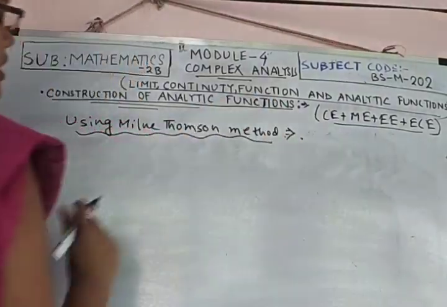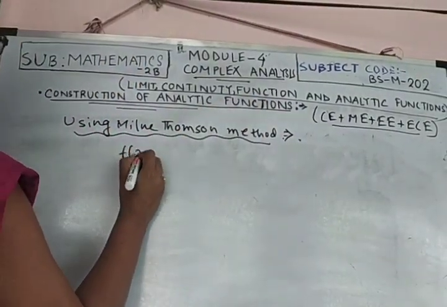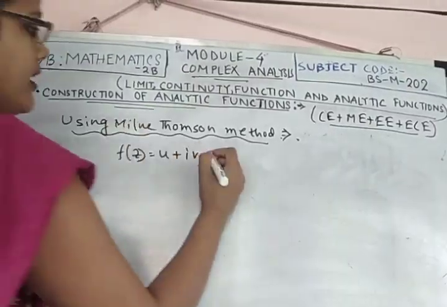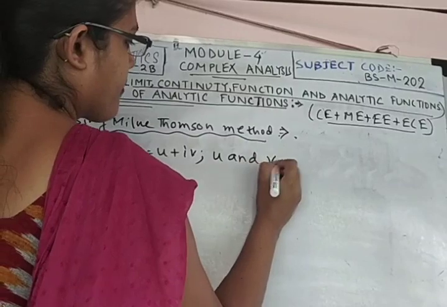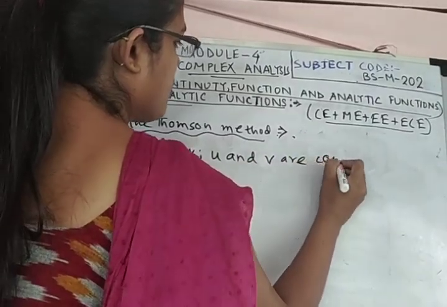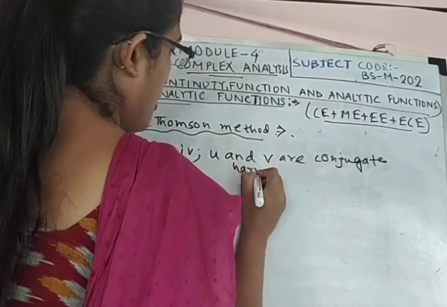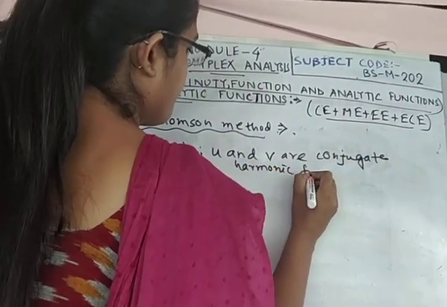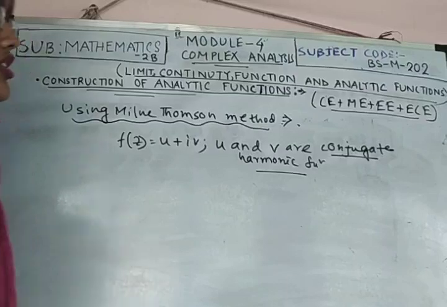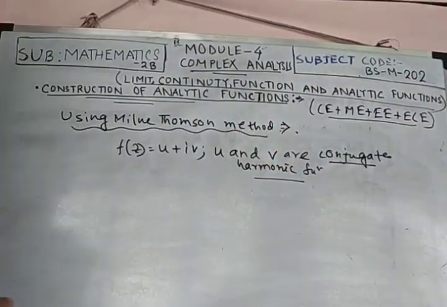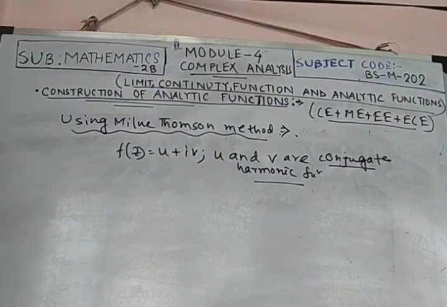Now we take any complex function f(z) equals u plus iv. Here u and v are conjugate harmonic functions. All of you know conjugate harmonic functions because I have already discussed this topic. What is the procedure?